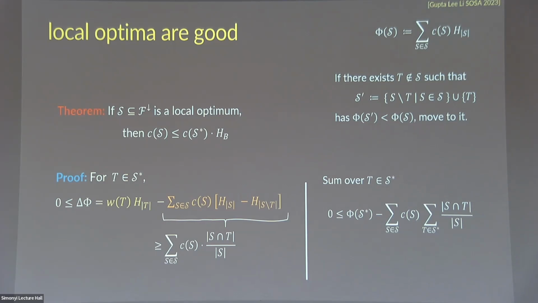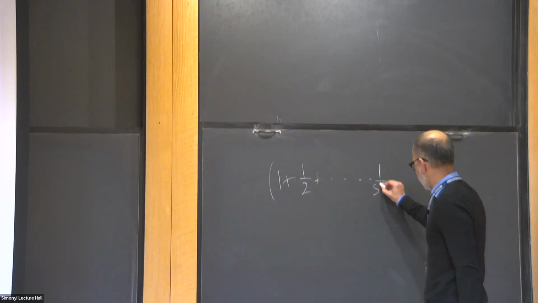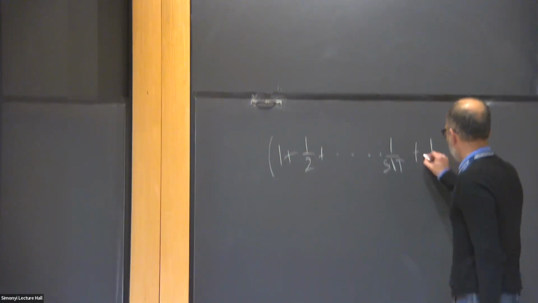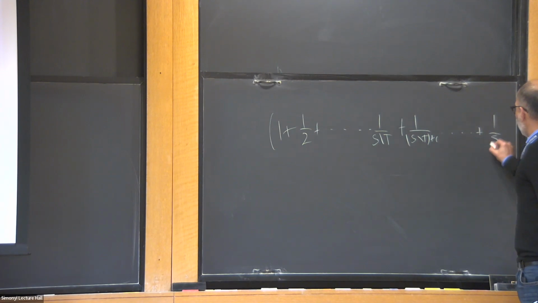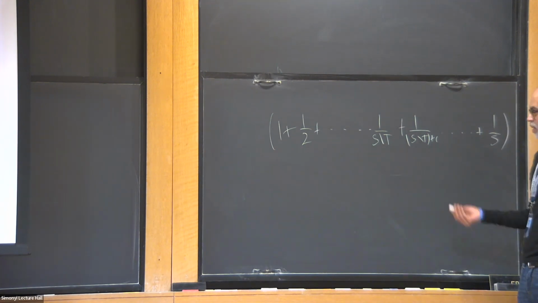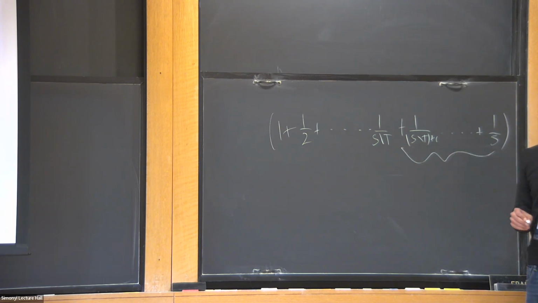So basically all I was saying was this, that this was 1 plus 1 over 2 plus 1 over s minus t plus 1 over s minus t plus 1 all the way to 1 over s. This was my original potential. Now these terms have dropped.